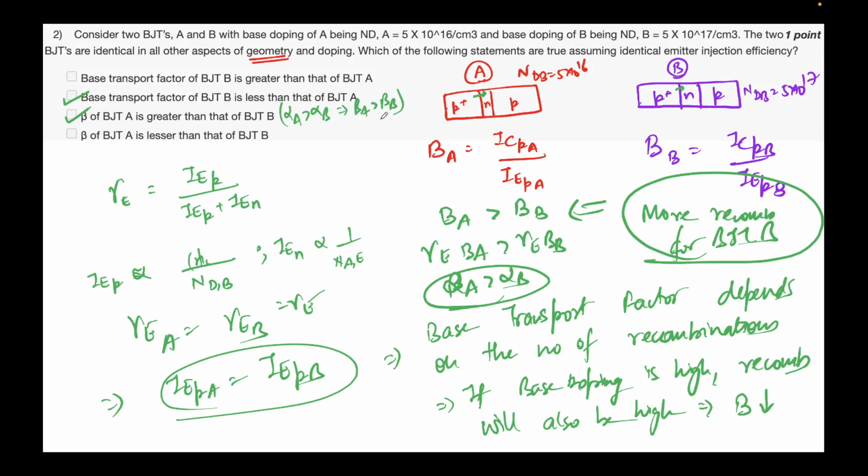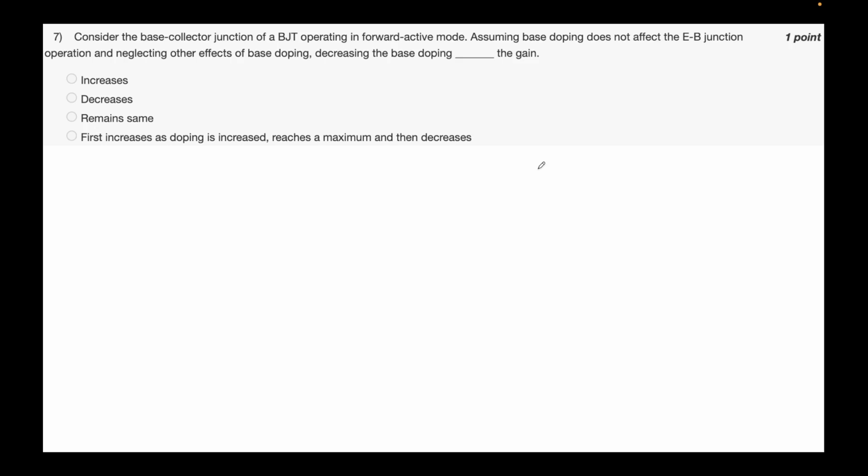This part, I_EA equal to I_EB, is essentially of no use, because we are simply multiplying by gamma E. The absolute values of current we did not encounter. I was thinking whether I could get into some absolute current, but that was not required. In fact, the ratio is what is important. So that's that.